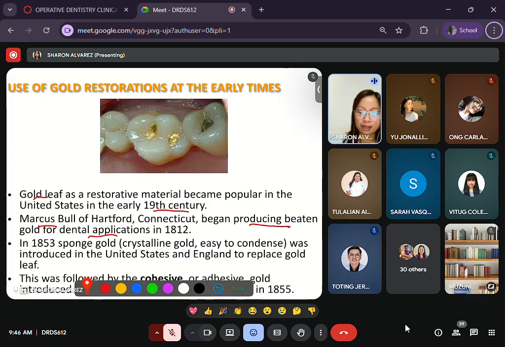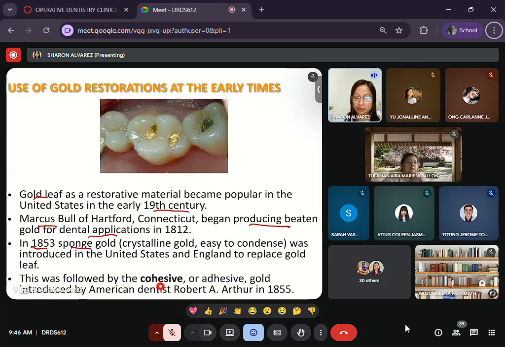But in 1812, beaten gold, the hammered gold, was introduced for restoration. In 1853, they started to use sponge gold, another kind of preparation for restorative gold. And then they started to use cohesive or adhesive gold in 1855 in the US.